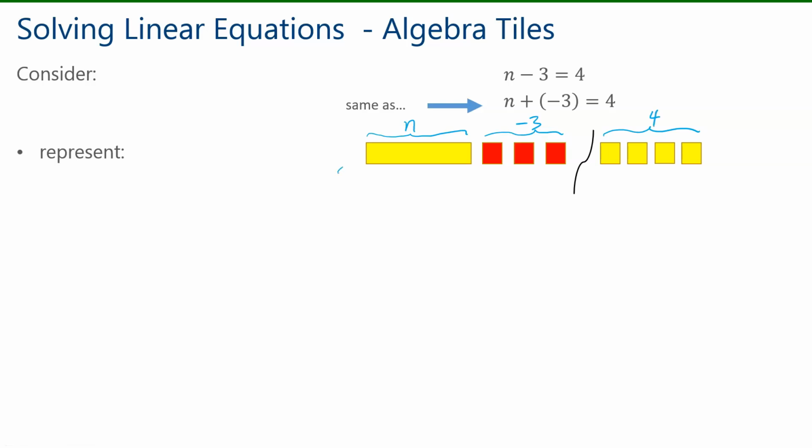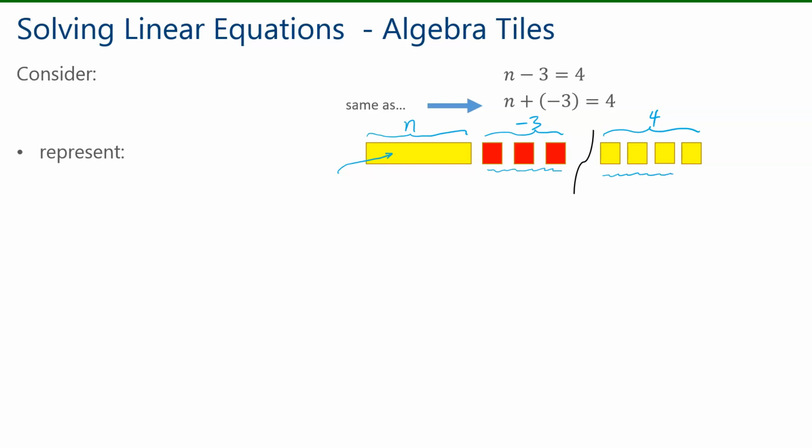If we are trying to isolate our variable tile, these 3 negative unit tiles pose a problem. We have to get rid of them. And here's where we run into a bit of trouble, because I can't just take 3 red unit tiles away from both sides. Why?